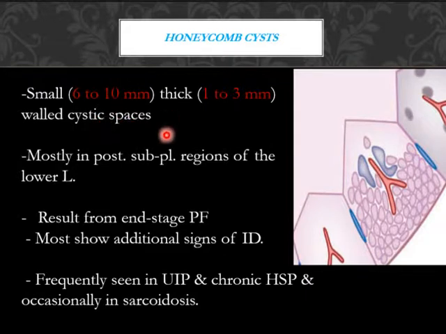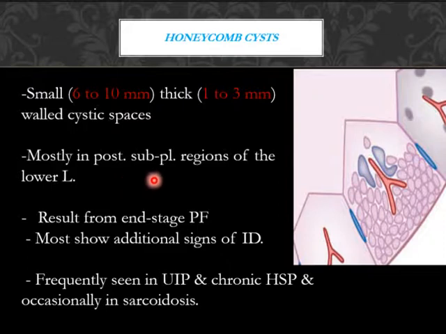One important sign of diffuse lung disease in thin section CT is honeycomb cysts. Honeycomb cysts usually indicate an end-stage disease with the development of fibrosis. They are small cysts, 6 to 10 mm, and the thickness of the wall is 1 to 3 mm, which is regarded as thick wall.